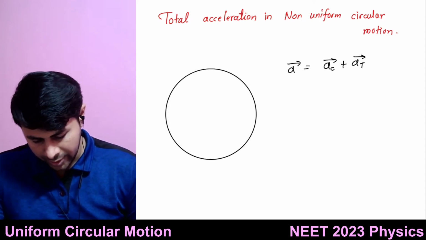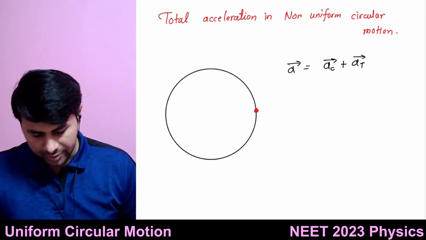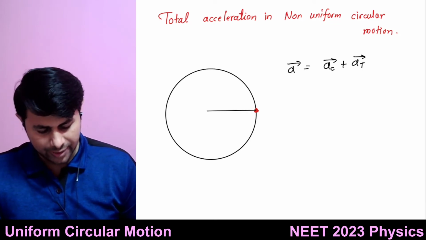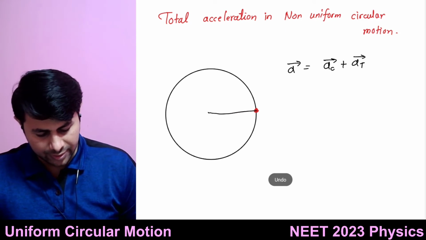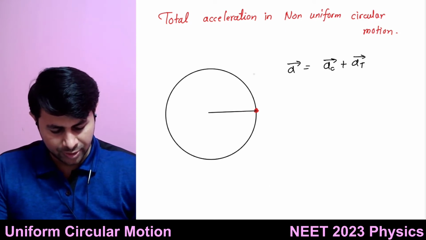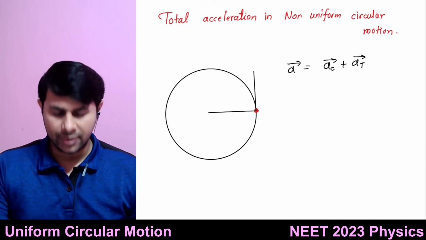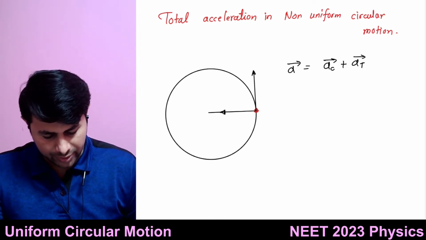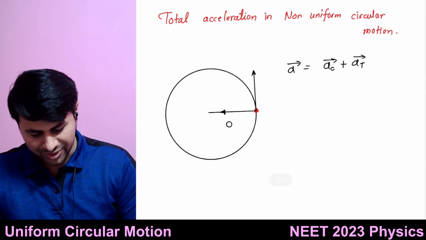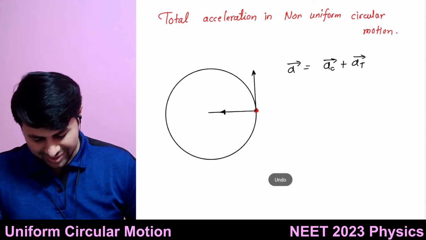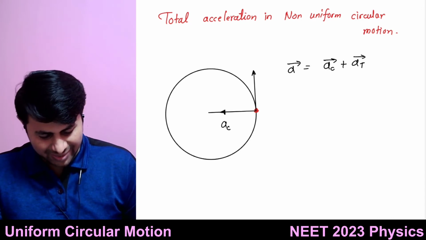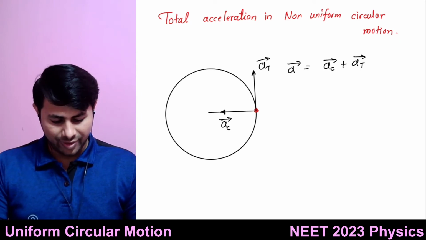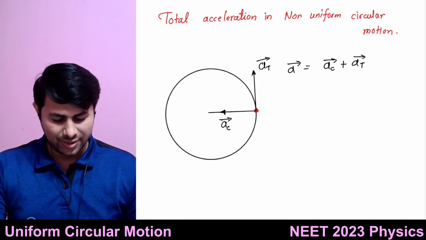So if our particle is here, what is the direction of AC bar? Along the radius and towards the center. What is the direction of AT bar? It's along the tangent. So this is your AC bar, the centripetal acceleration, and this is your AT bar. What will be the direction of the resultant?